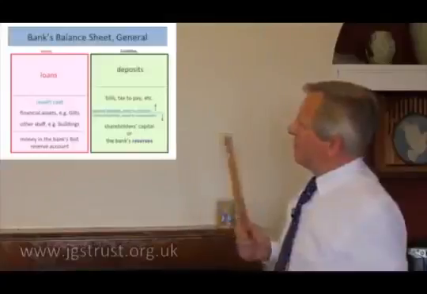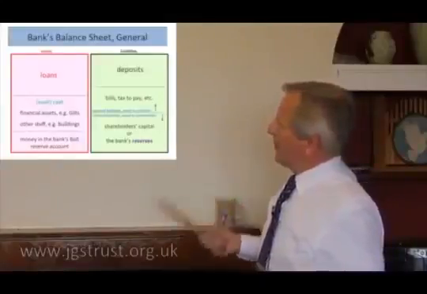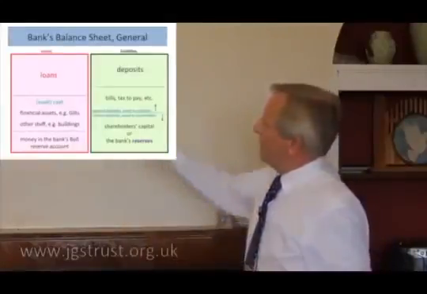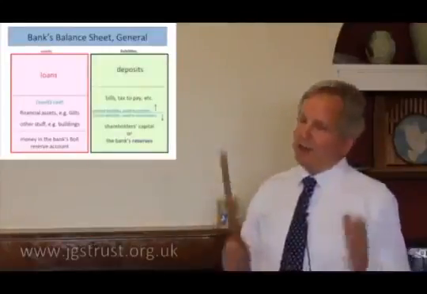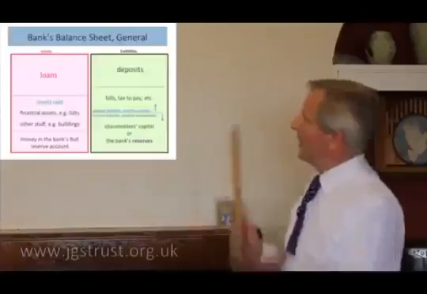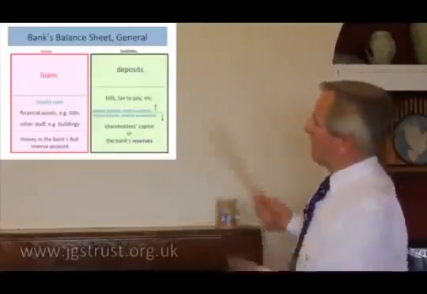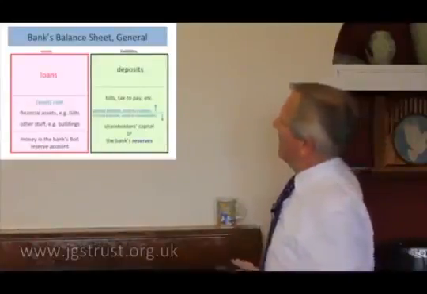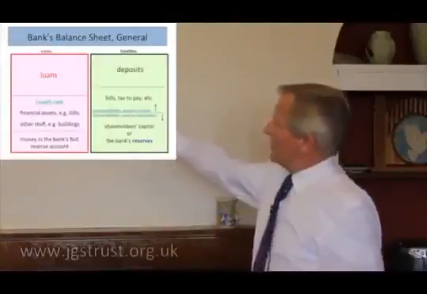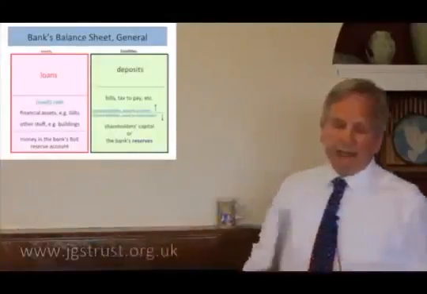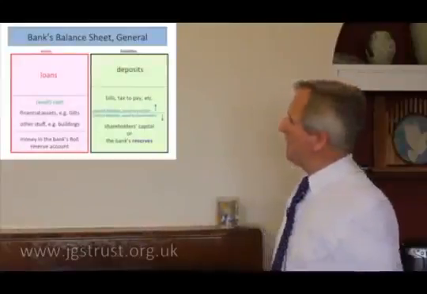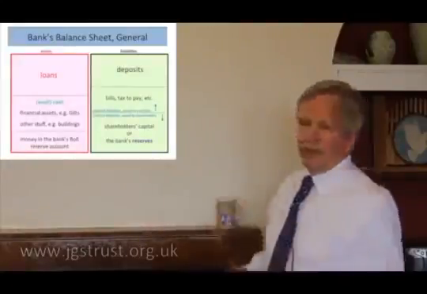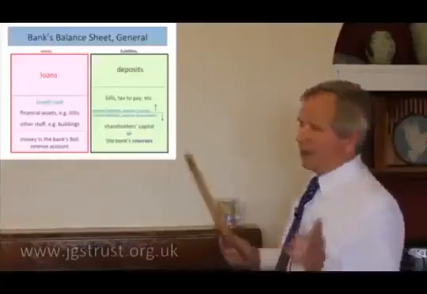So we notice the difference between electronic money and physical money here, that whoever actually has ownership of physical cash, that's an asset to that entity, be it the bank or people outside the bank. Financial assets, the banks tend to buy gilts, which are IOUs from the British government. It's a favourite asset of banks, and obviously the nice buildings that you see, and the cars and so on and so forth.